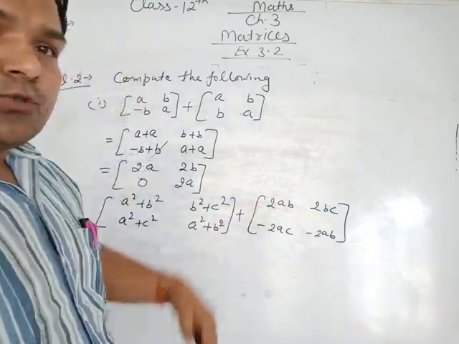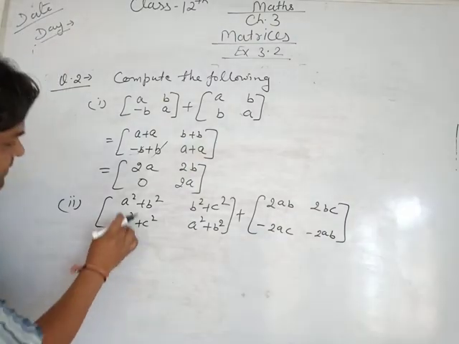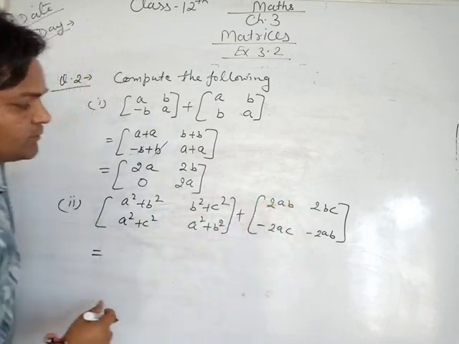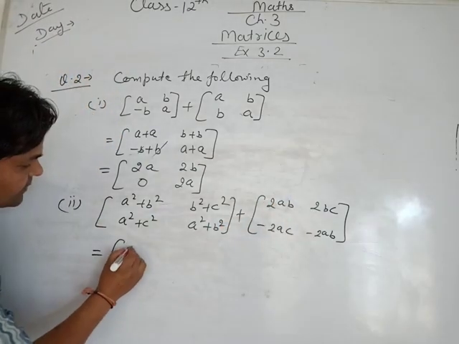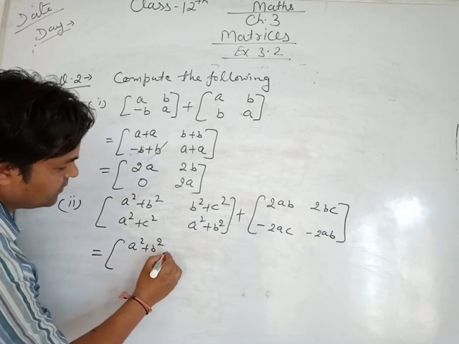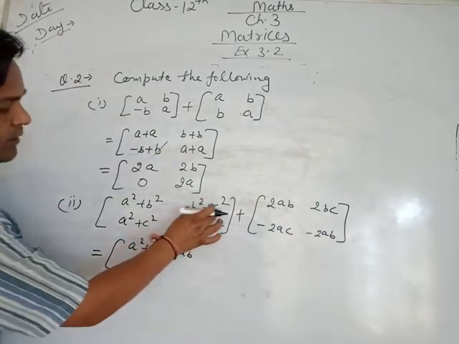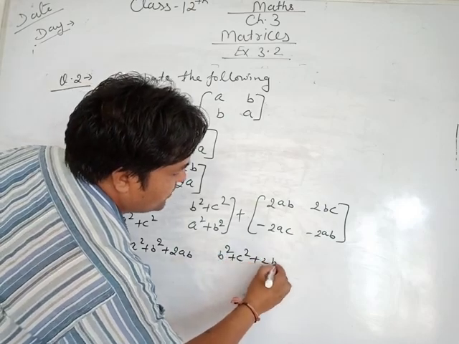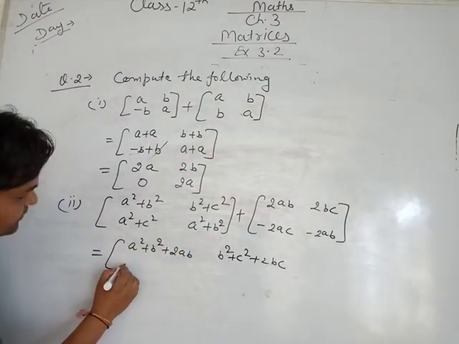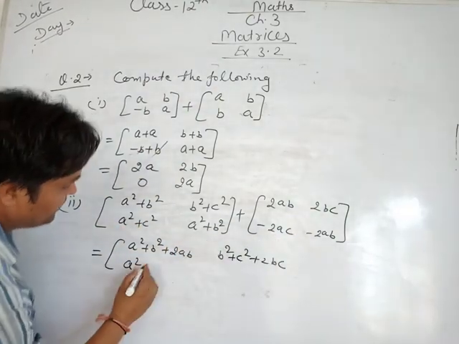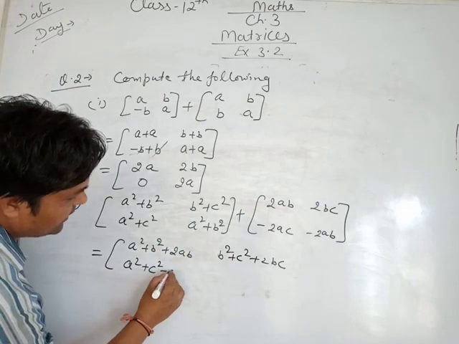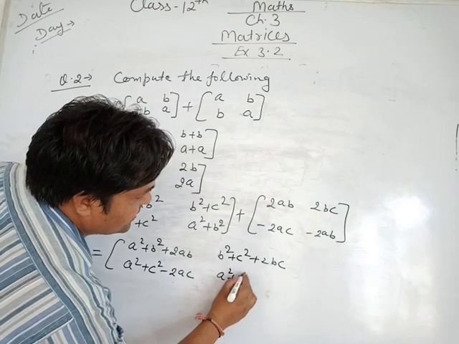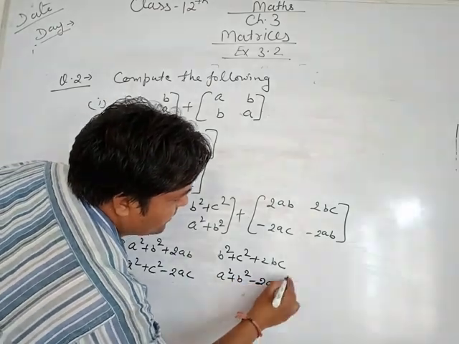Then we will solve again. First element adding first corresponding element of second. Here a square plus b square plus 2ab. Here b square plus c square plus 2bc. Now a square plus c square minus 2ac and this a square plus b square minus 2ab.